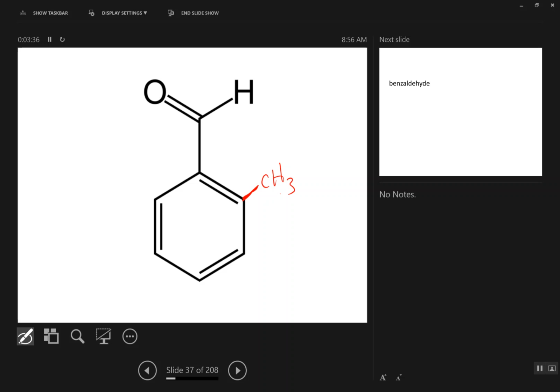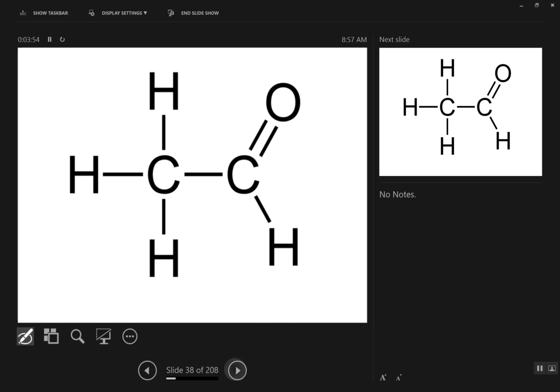So that's O. O-methyl benzaldehyde. Or 2-methyl benzaldehyde, if that was the case. Okay, I want 2 names for this one. I want the IUPAC, and I want the common name.